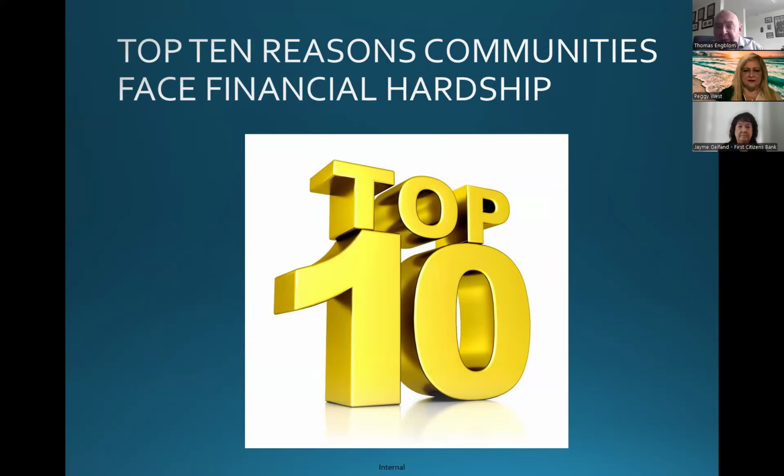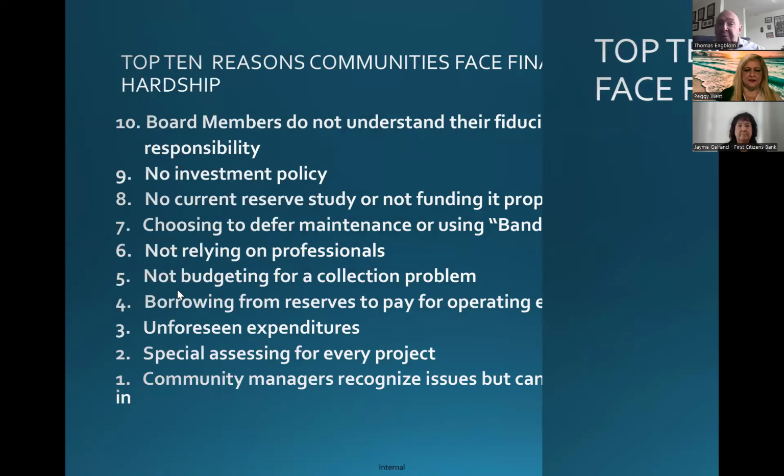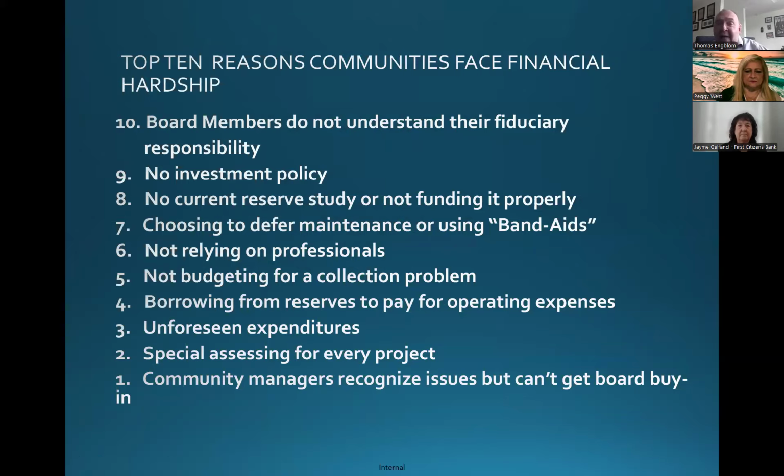And going back to years ago, some of us were around. David Letterman created the top 10 list, and I'm a big proponent of the top 10 list. So what we're going to do is go through these top 10 reasons why communities face financial hardship. And I will say this, being from Illinois, they came up with manager licensing probably about 15 years ago.